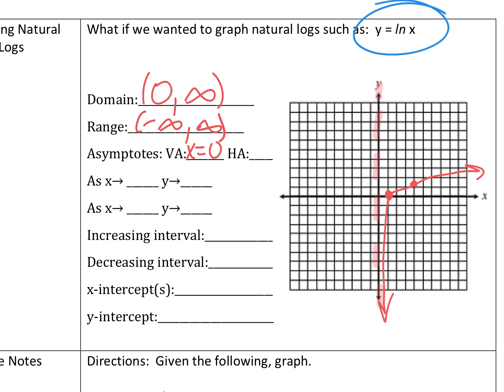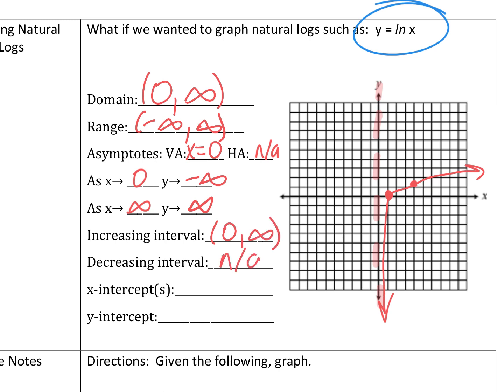So that's x equals 0, right? For the x's on my end behaviors, I copy my domain. And as x goes to 0, what's that left side doing? Y goes negative infinity. That arrow is going down. And then what about the right arrow? Is it going up or down? Up. What type of roller coaster? And copy the domain, always the domain.